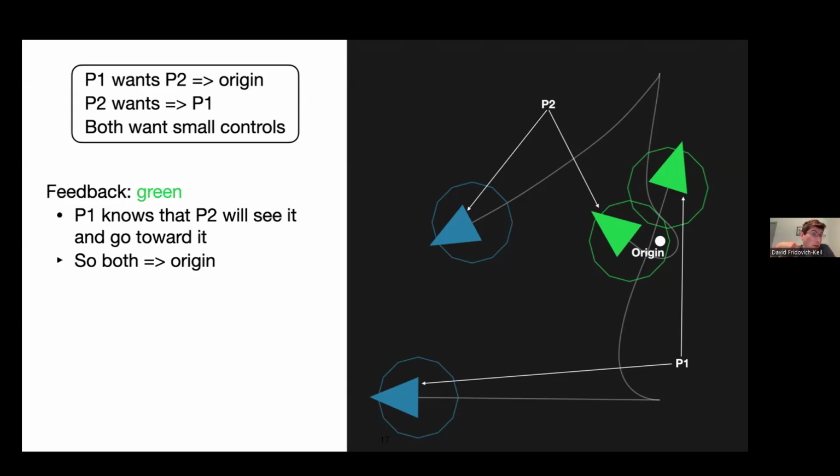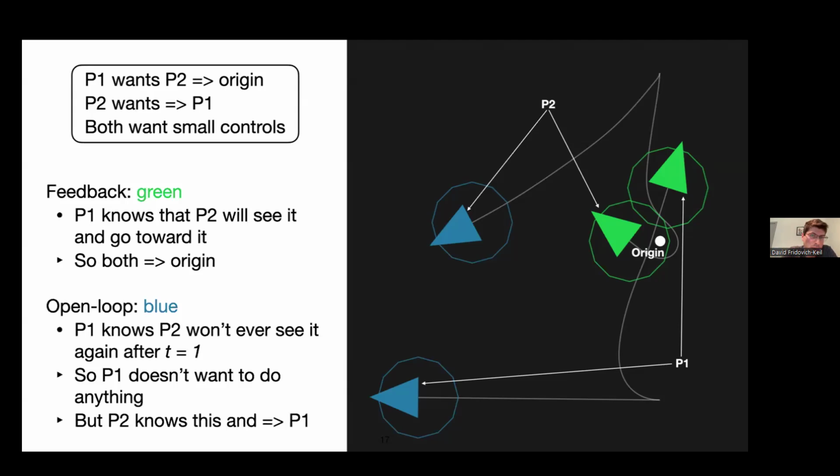Player one's going to then be happy because player two is at the origin. And player two is going to be happy also because player two got to be near player one. They both had to exert some control, but presumably they can balance that out. And that's details. So, great. That's feedback, and open loop is blue, therefore.